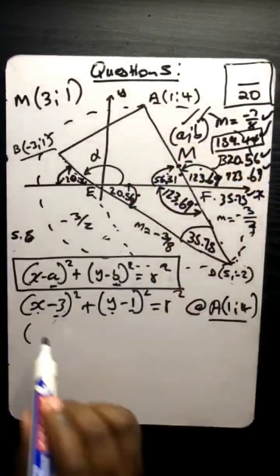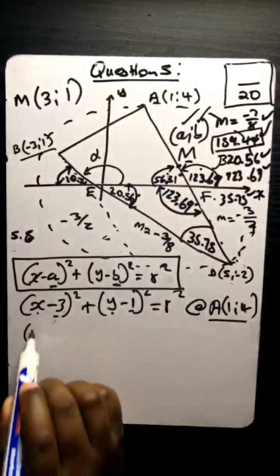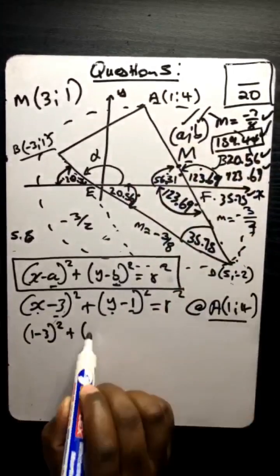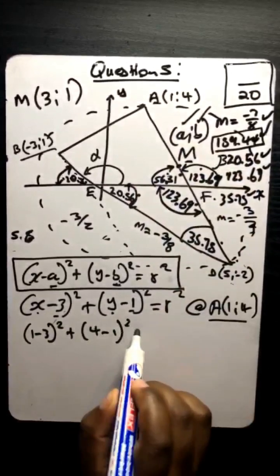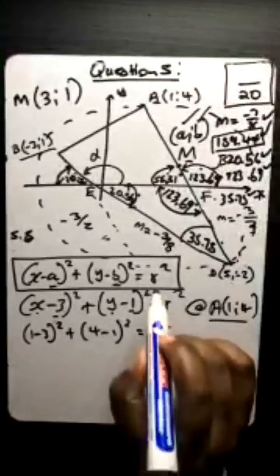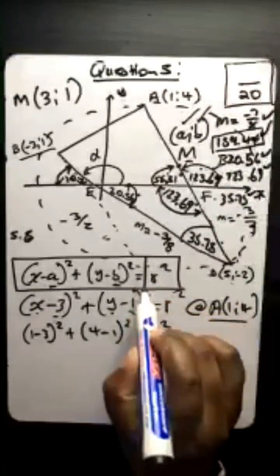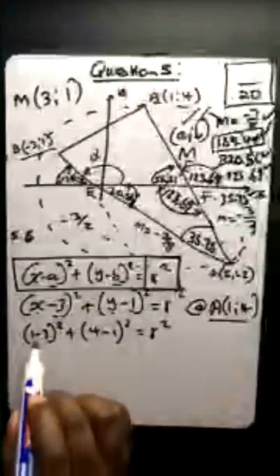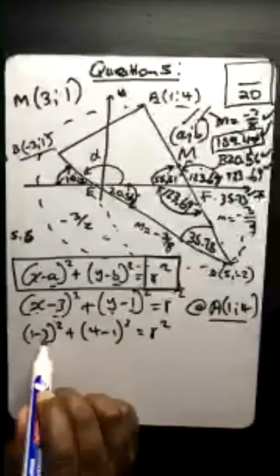Okay, let's see. A's x is 1, so it's more like 1 minus 3 squared. What is y? y is 4 minus that 1 squared. So we're actually looking for r squared, because can you see here they're saying leave it as that and r squared. So this is negative 2, obviously 4, plus, what is this?